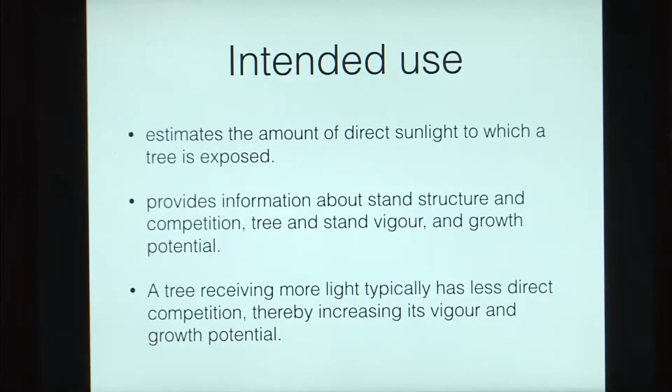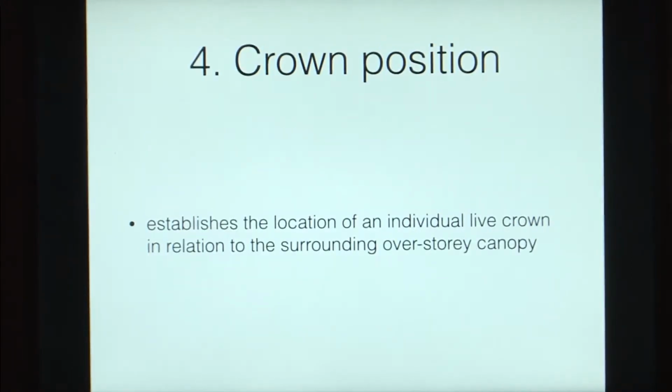Now, coming back to the slide, a tree receiving more light typically has less direct competition, thereby increasing its vigor and growth potential. So, that is obvious. The next thing that we can figure out is the crown position. Crown position establishes the location of an individual live crown in relation to its surrounding overstory canopy.